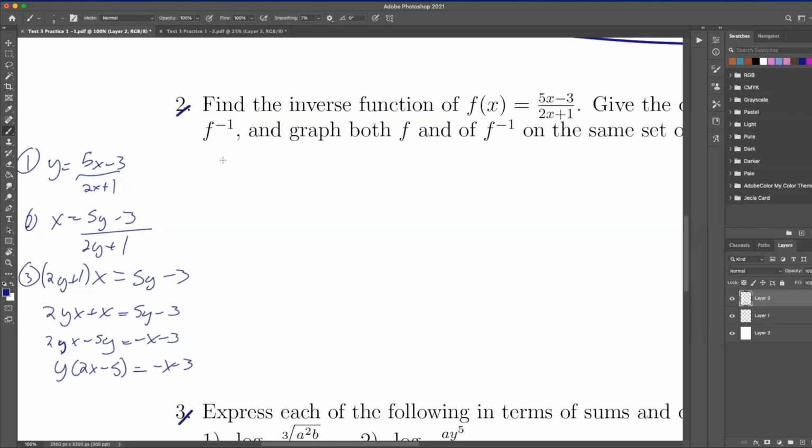And so that will give us y is equal to minus x minus 3 over 2x minus 5. And then the last step, step 4, is to write f inverse of x is equal to minus x minus 3 over 2x minus 5. So here we found the inverse.